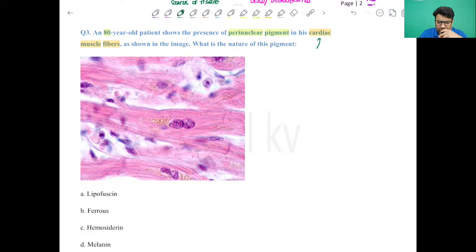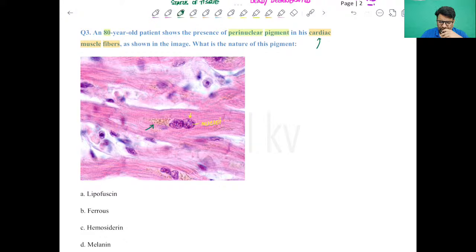If you see, you can see the classical cardiac myocytes here, having central nuclei. So these are the nuclei, and the pigmentation is this one. You can see brown colored pigmentation.